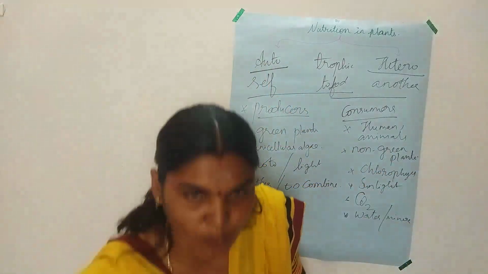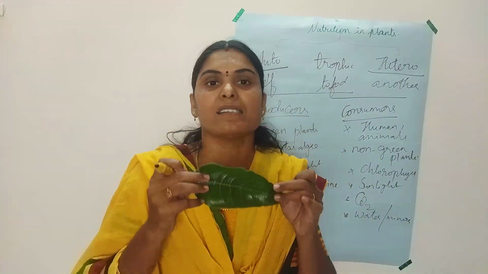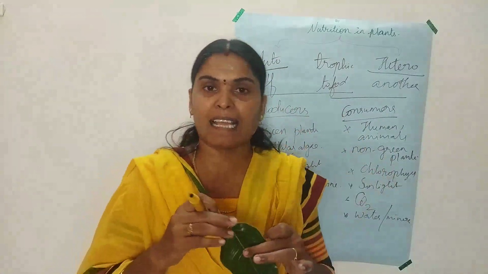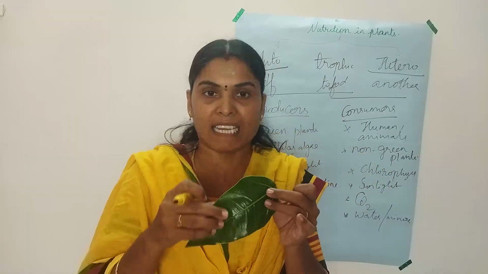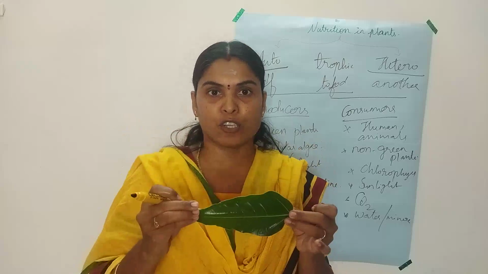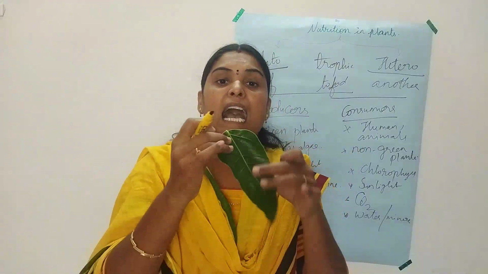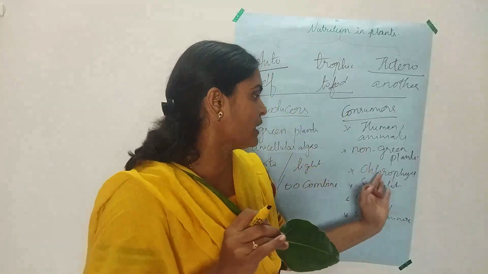What is this chlorophyll? Chlorophyll is a green pigment present in the chloroplast of the leaves. Because of this, the plants look green. It plays a vital role in the process of photosynthesis. How? It traps the solar energy from the sun and it is used to prepare glucose. This is the major work of the chlorophyll.